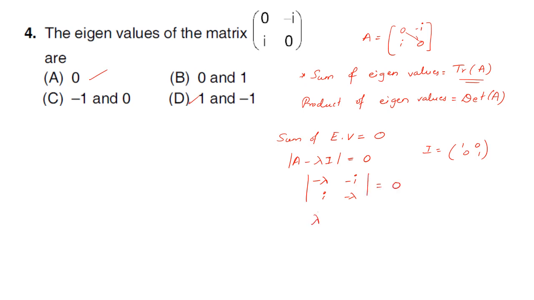It is lambda square minus I square is equal to 0. Lambda square minus, plus I square is minus 1, is equal to 0. Therefore lambda square is equal to 1, which implies lambda values are plus or minus 1. Therefore eigenvalues of the matrix are 1 and minus 1.